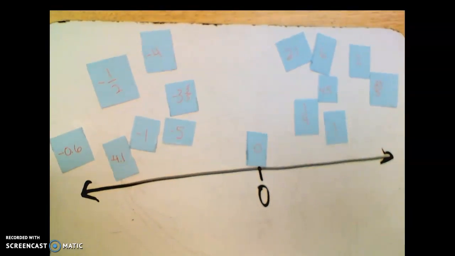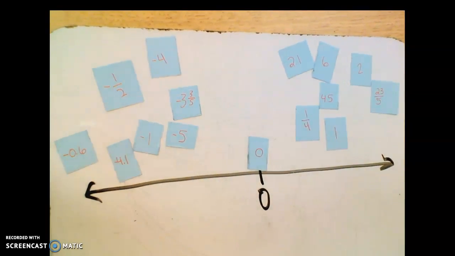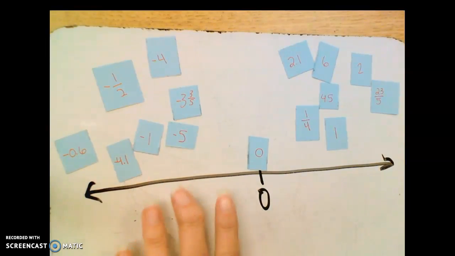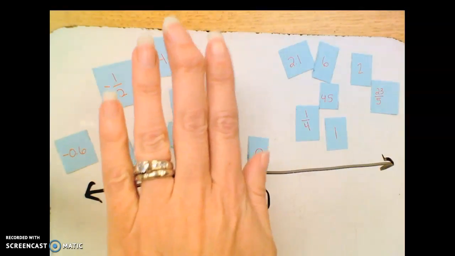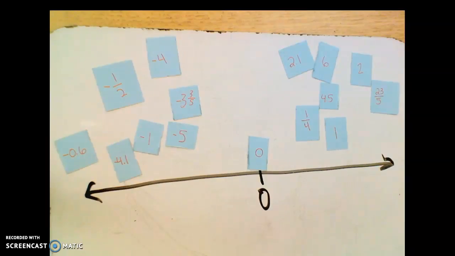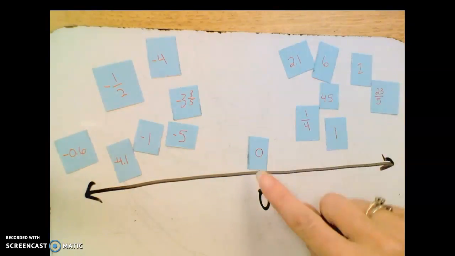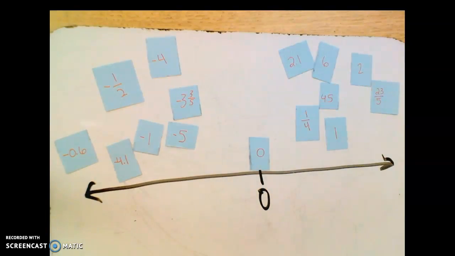One way to sort them quickly and break them up so it's not so overwhelming is to recognize that all of these negative numbers are going to be to the left of 0. So they're definitely going to be lower or less than all of these positive numbers that have to be to the right of 0. Then 0 was one of my numbers. I knew that was going to be in the middle, separating my negatives from my positives. So I went ahead and did them like that.